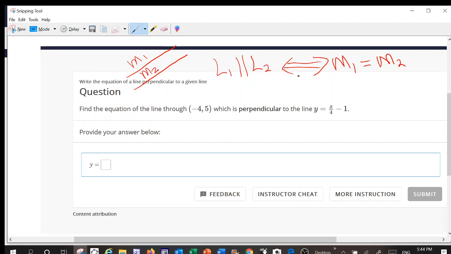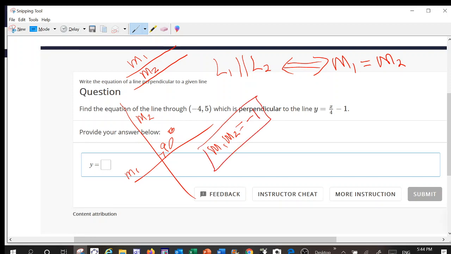Now, what if two lines are perpendicular? Perpendicular means intersecting at a 90-degree angle. It turns out that the only way this is possible is if one slope is m1 and the other is m2, and when you multiply them, m1 times m2, you get -1.